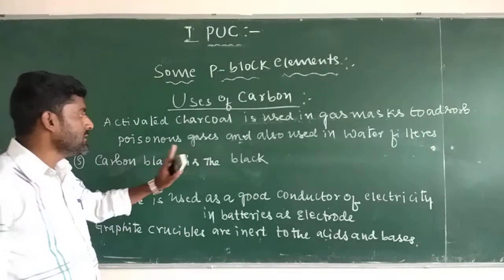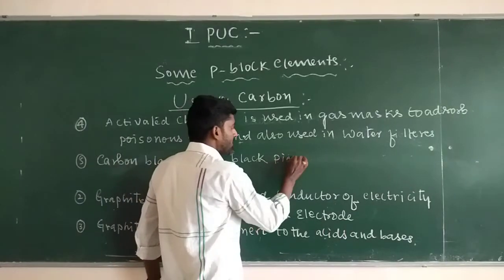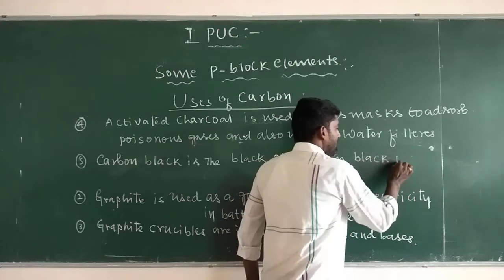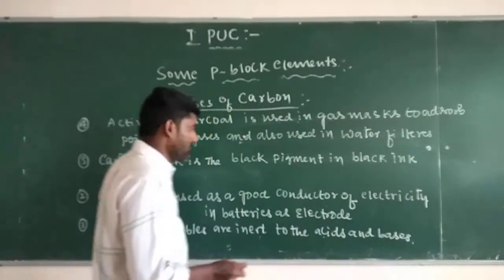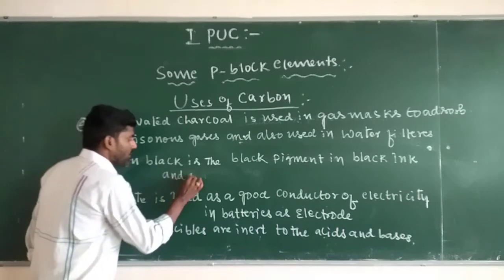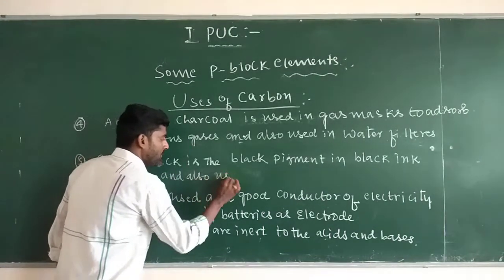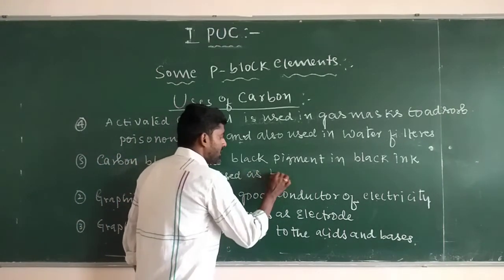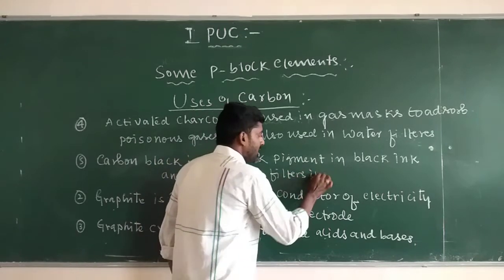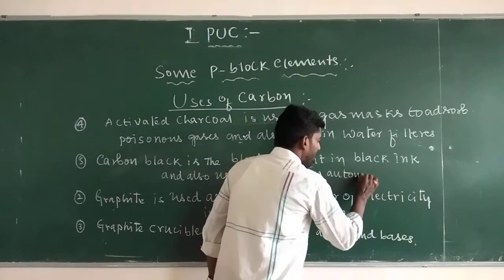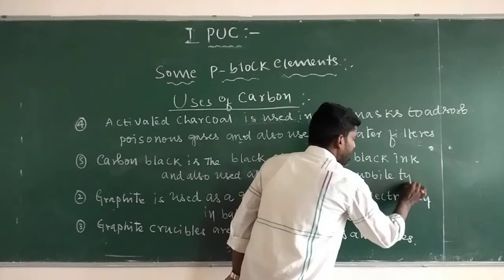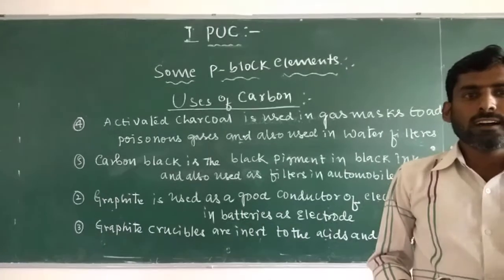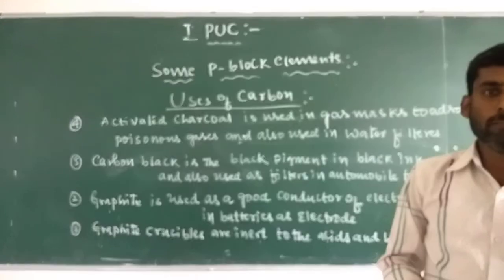That carbon black is the black pigment in black ink, and also used as filler in automobile tires. So in vehicle tires, carbon black powder is used as a filler.